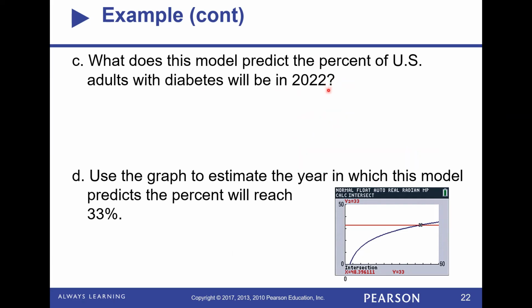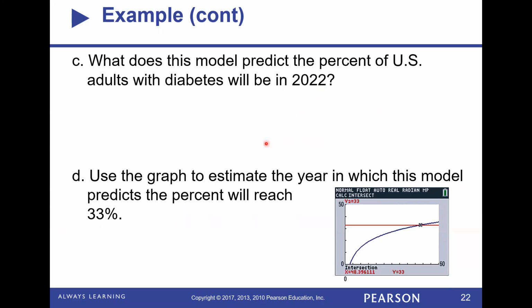Okay, so let's say, what does the model predict in the year 2022? In our case here, this versus this are slightly different problems. What does the model predict? Meaning I need to plug something into the model. So we're going to take 2022 and switch it into how many years after our 0 year. Remember, our 0 year here was 2000. So that would be 22 years later.